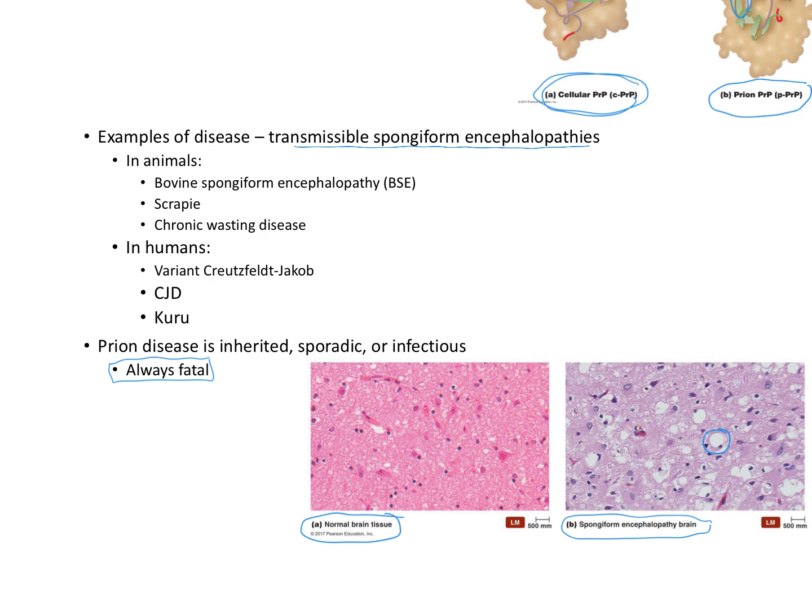So some examples, bovine spongiform encephalopathy, you know that as mad cow. We still see cases every once in a while of this, but this really made the news every night in the late 80s, early 90s.